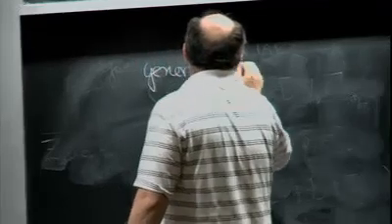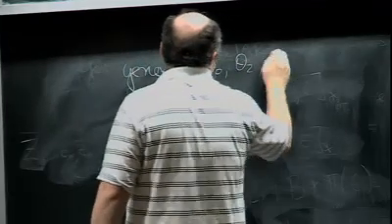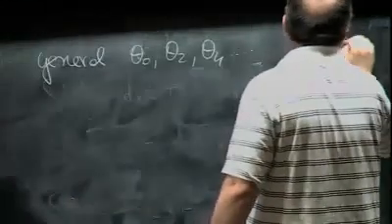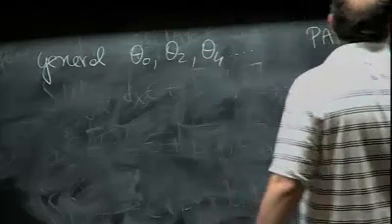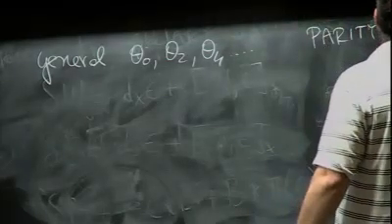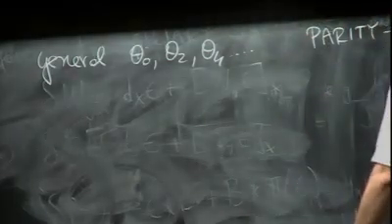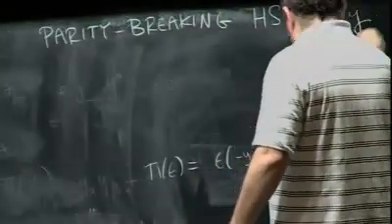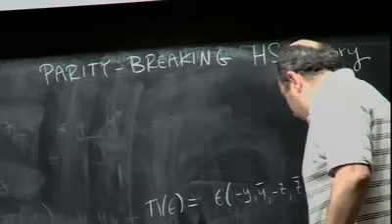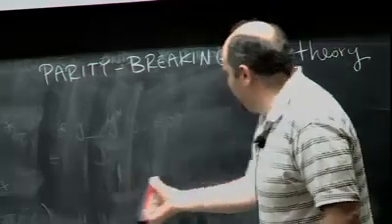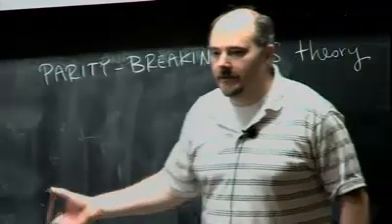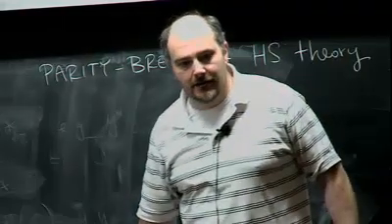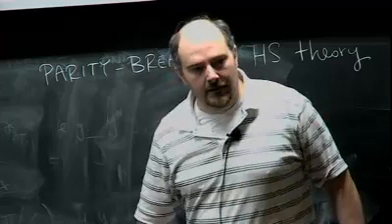So general theta 0, theta 2, theta 4 is a parity breaking higher spin theory. Okay, but if you recall our CFT discussions, this is precisely what we were looking for if we wanted some dual of vector models coupled to Chern-Simons fields, because those break parity.